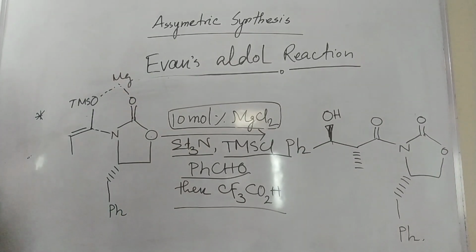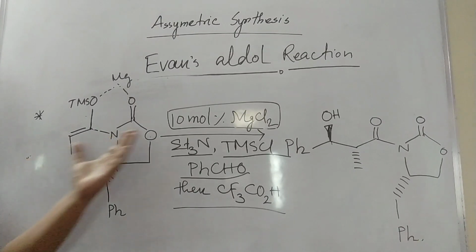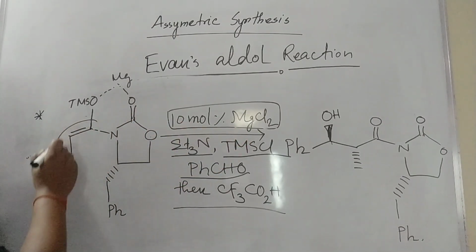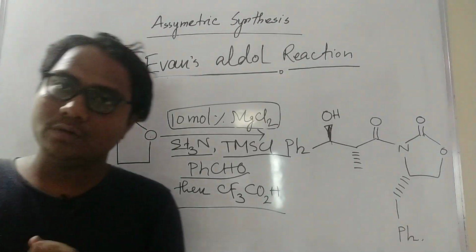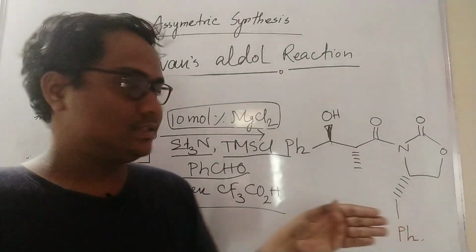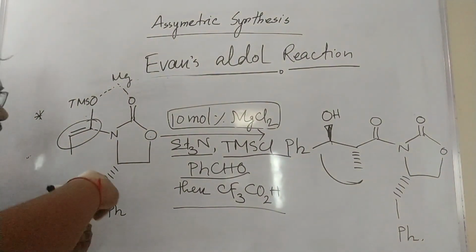So this type of salt forms the trans enolate. The enolate forming here is the trans enolate, so the product that will form will always be trans. See, here is trans, and the stereochemistry is like that only.